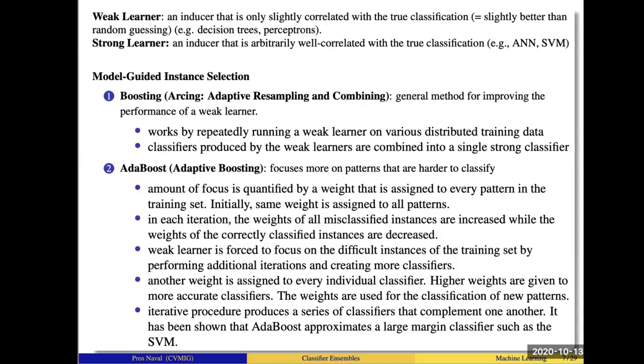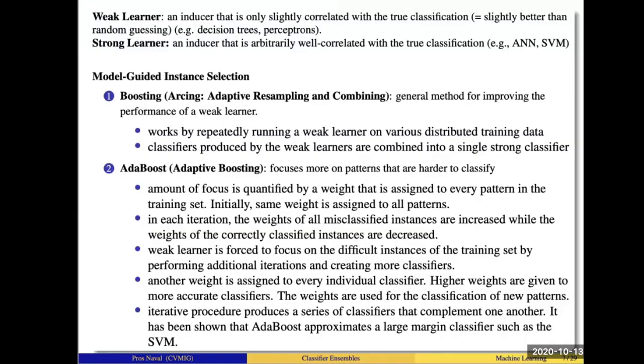Just two classes, spam or ham, or convict or not convict, or patient is sick or not sick of COVID, that sort of thing. Just two binary outcomes. So here, a weak learner is an inducer that is slightly better than a coin toss. Okay, 51% for example, maybe 60%. Examples of weak learners are decision trees, perceptrons. Not multi-layer perceptron, but perceptrons.